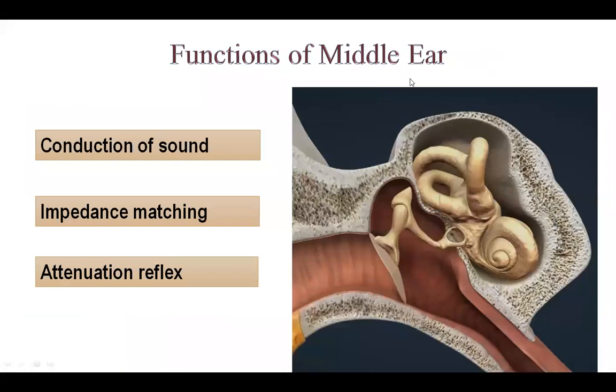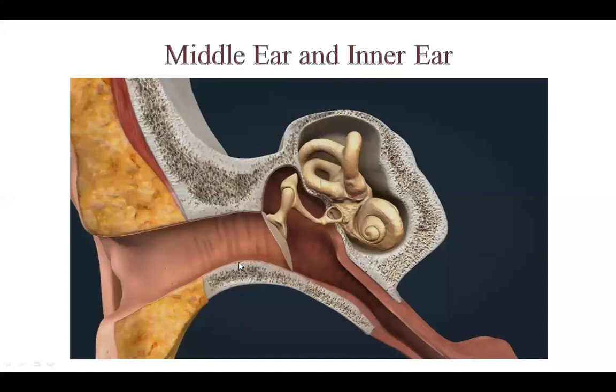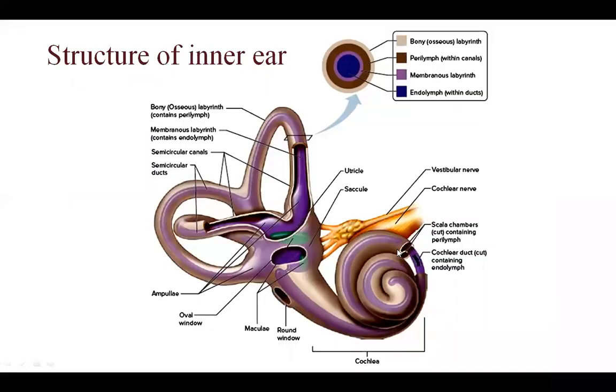What were the functions of middle ear? It was conduction of sound, impedance matching, and attenuation reflex. So this is what is middle ear. And this coiled structure which you see embedded within the bony labyrinth is inner ear.